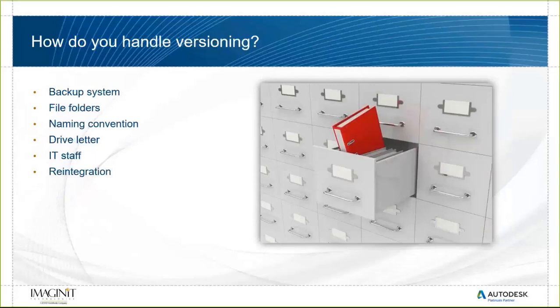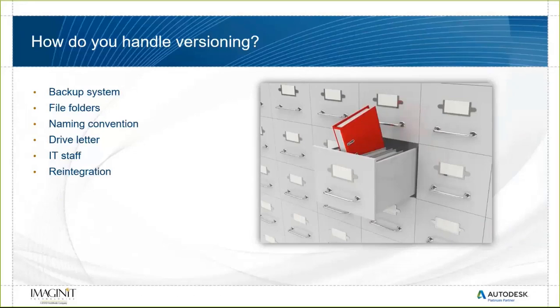As I alluded to a second ago, firms handle versioning in a lot of different ways. Sometimes, if you need to go back to a previous version of a file, you have to get IT involved. Hey, can you restore this? Sometimes they have to go to tape backups, depending on how old it is.